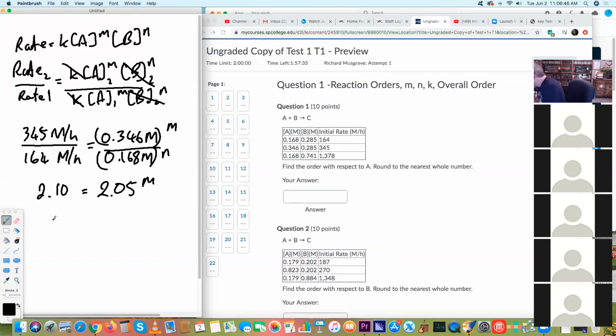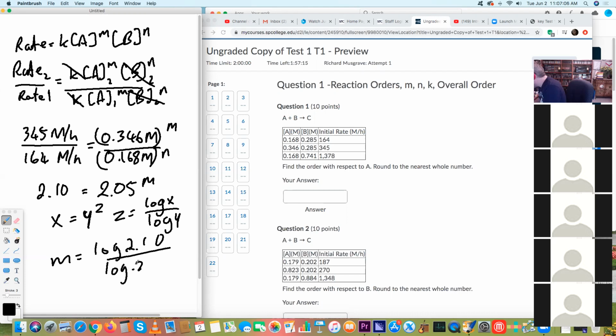Okay, so we can use this relation here to solve for z, where z equals log x over log y. And that will allow us to solve for m. So m would equal log of 2.10 over log of 2.05. And that's going to come out to be 1. So we need to find the nearest whole number, the nearest integer. It's going to be 1. Any questions?